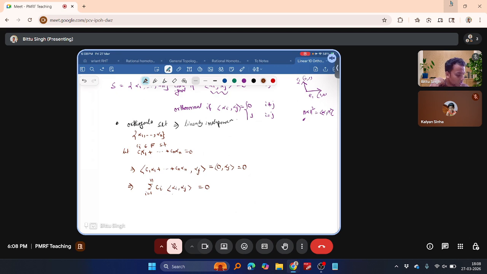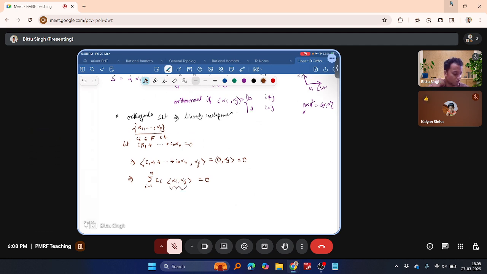Now note that this is an orthogonal set, so this term only survives if and only if i equals j. So we get ci norm alpha i squared equal to 0, and there are lots of zeros which we don't care about.